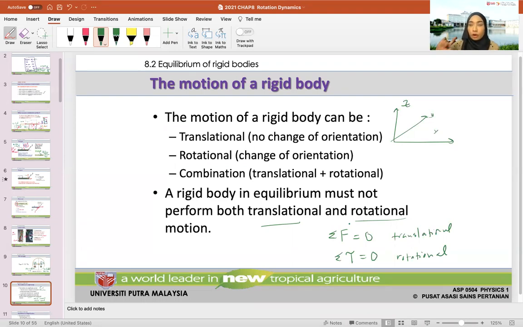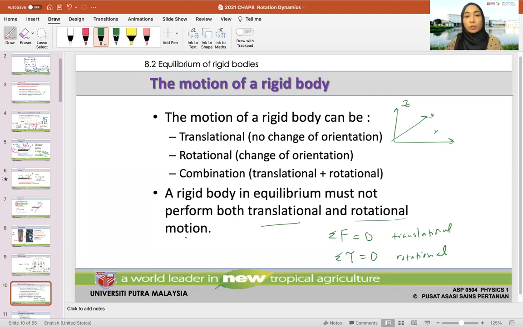However, if that object has the tendency to rotate, and not all objects have this, for example, I have my calculator, it does not have the tendency to rotate. So I can just say net F is equal to 0. I immediately know that it is in equilibrium. But for something that can rotate, for example, this guy, if I put it down, I know that it can rotate. So it has that tendency to rotate. So I have to have two conditions.